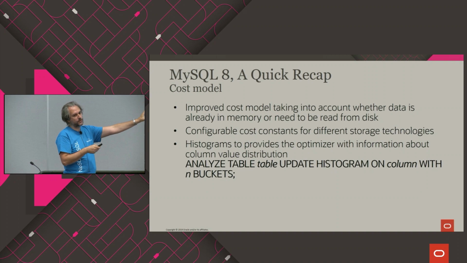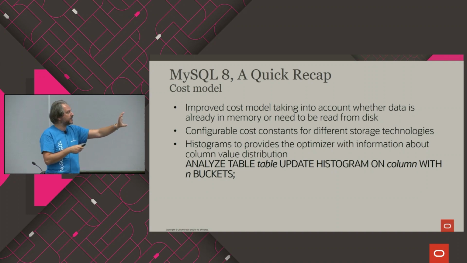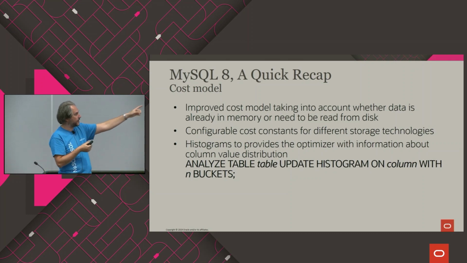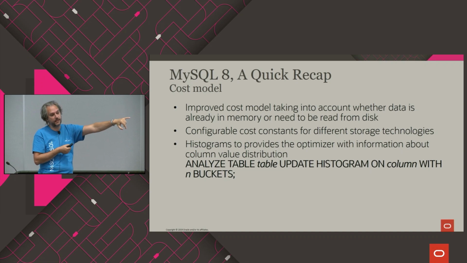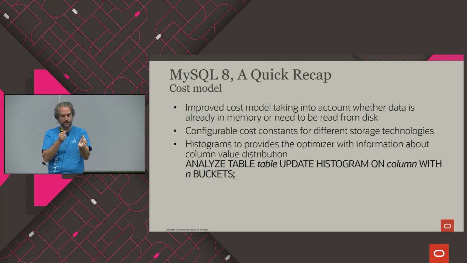So this can be tuned, it has been improved, and it takes into account whether data is in memory or on disk. You can tune it with further constants, but the optimizer can choose an execution plan depending on whether the data is already buffered in the buffer pool or not.